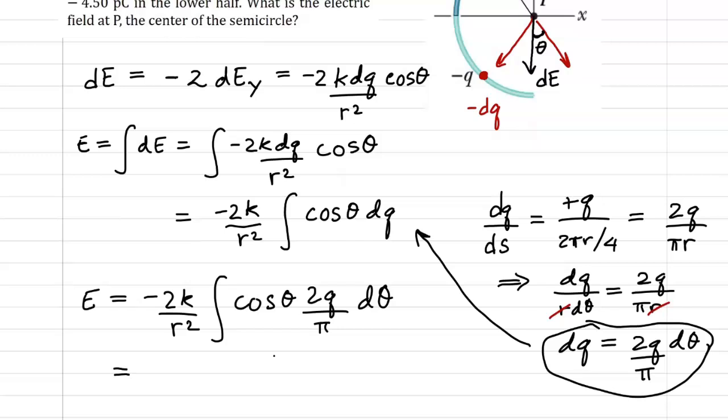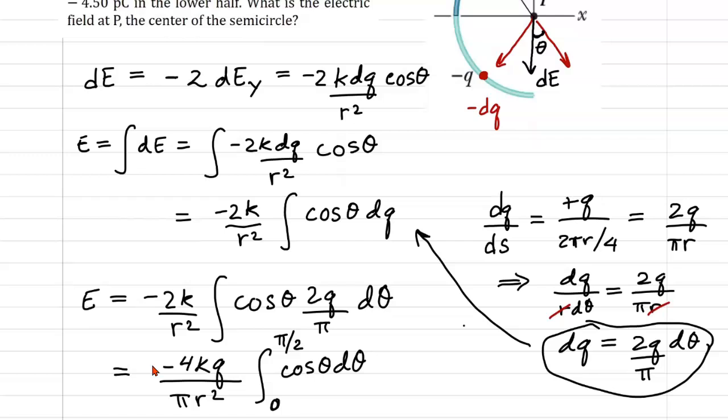Again, we take out terms that are constant, so we'll have minus 4kq over pi r squared. And we're left with cosine theta d theta. Now, what are the limits of integration? It's going to be 0 to 90 degrees or pi over 2.